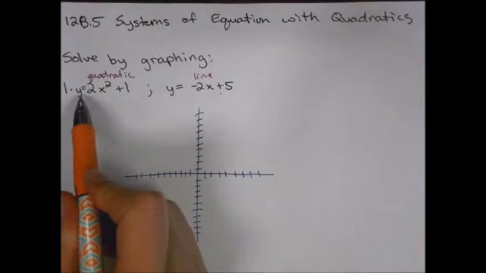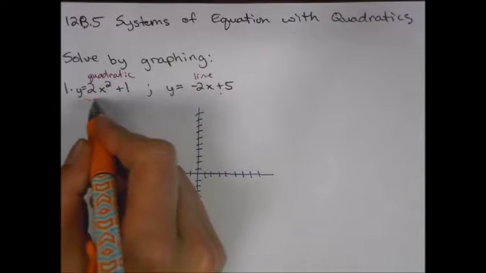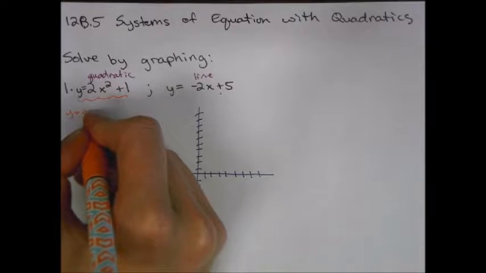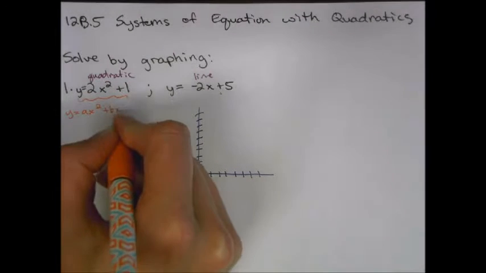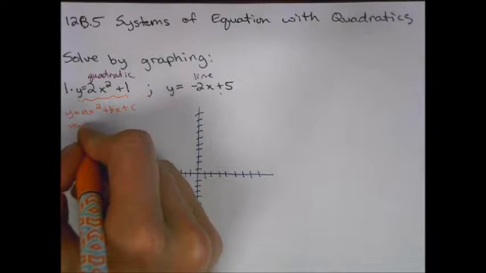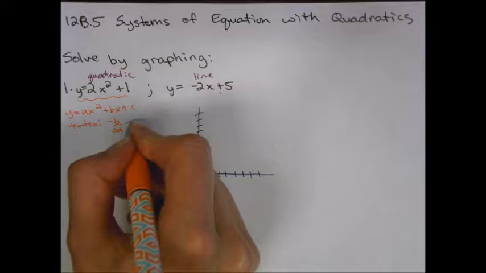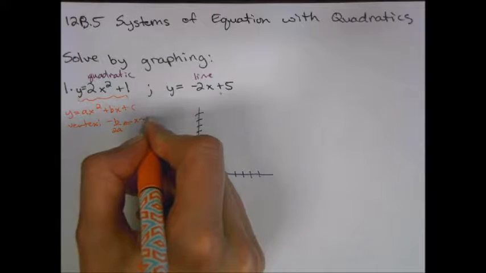Let's remember how to graph this quadratic. If we remember our standard form, y equals ax squared plus bx plus c. To find the vertex, we do negative b over 2a, and this finds our x value.